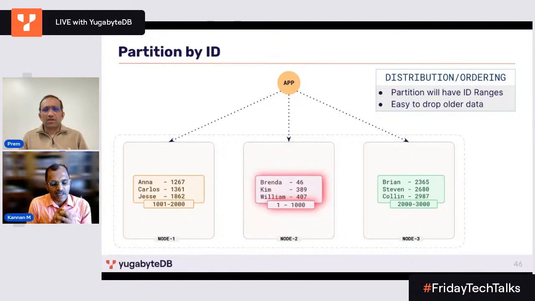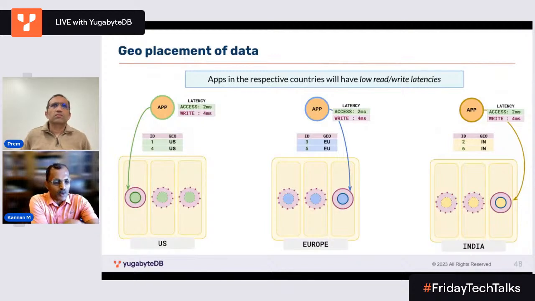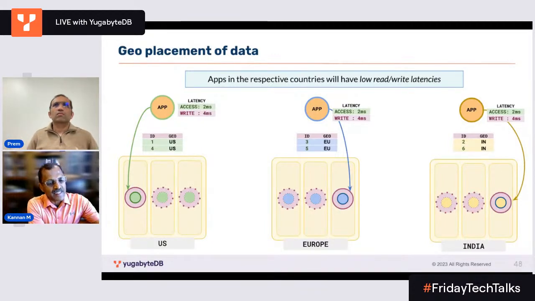But you may say, okay, why do I want to have different tables for people in different countries? That's where the notion of table spaces comes in, where you can say, hey, table space for North America is pinned to nodes in the Yugabyte cluster that are in North America data centers.